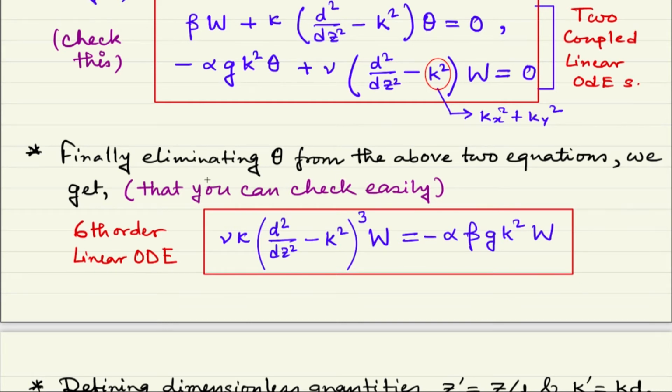If you eliminate theta from these two equations, you get a sixth order linear differential equation, nu times kappa times d2/dz2 minus k square, the whole cube, since d2/dz2 to the power 3 gives d6/dz6. So this operator, d2/dz2 minus k square, raised to the power 3 times W is equal to minus alpha beta g k square W.